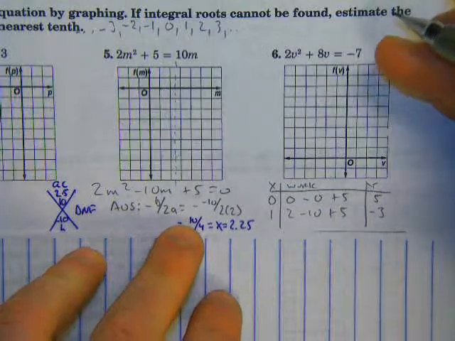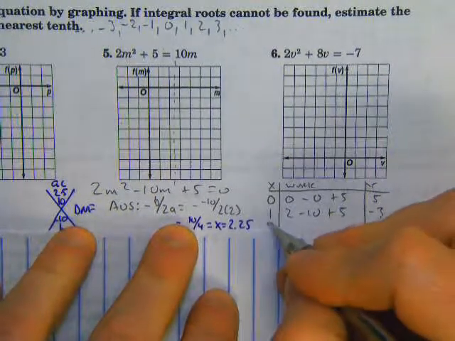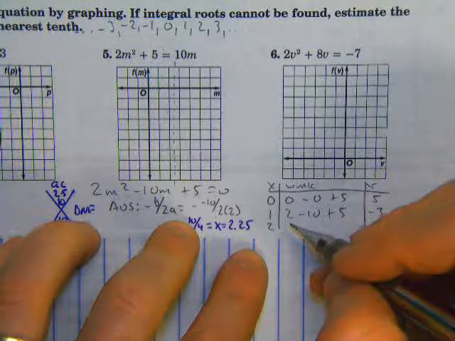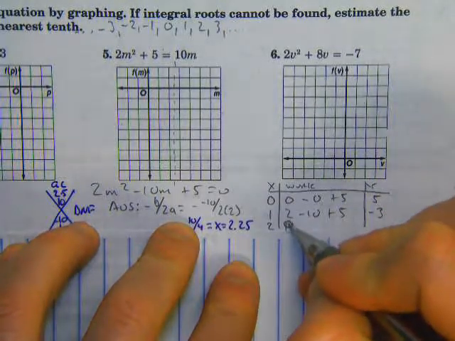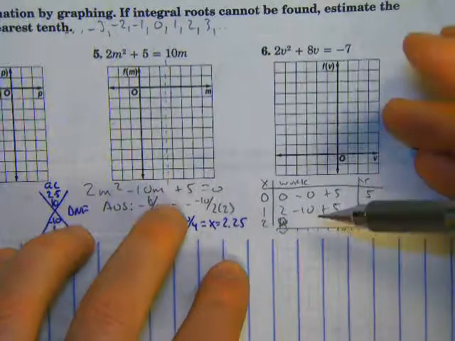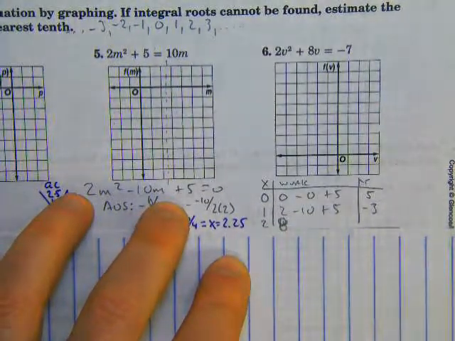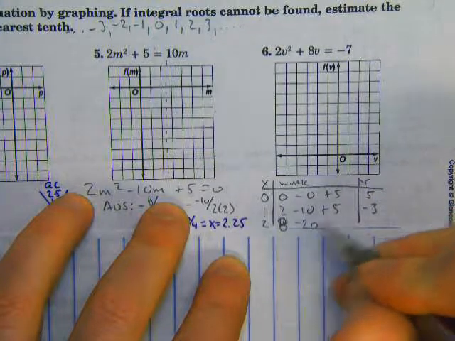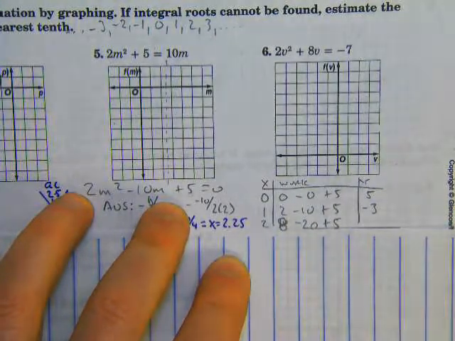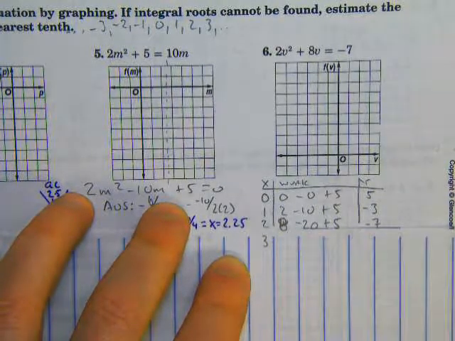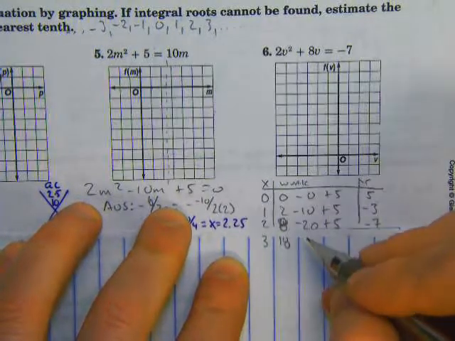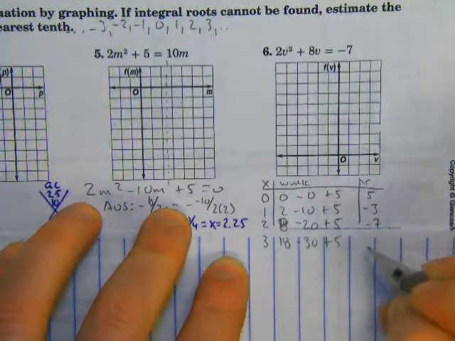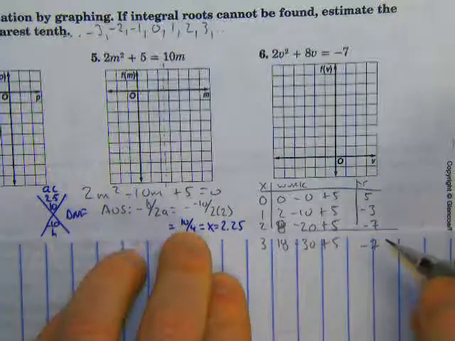Put in the 2. 2 is, I was reading the wrong line, 8 minus 20 plus 5, minus 7, and then I put 3 in as well, and I got 18 minus 30 plus 5, -7.